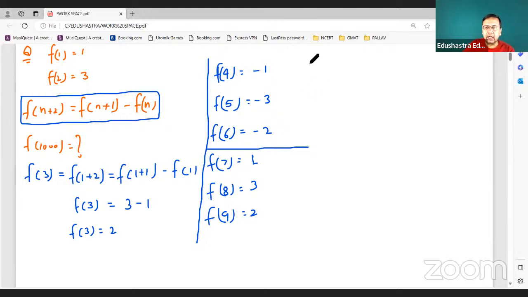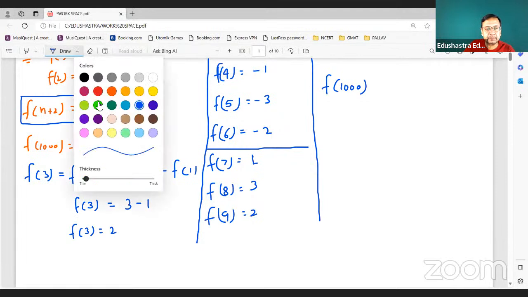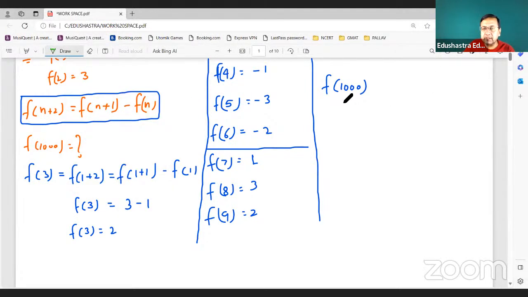Okay. Now I need to calculate the value of F1000, and I know the cycle pattern is of six steps. So what to do now? Just divide the number 1000 by 6. Why by 6? Because this function is showing a cyclic pattern of 6 steps.